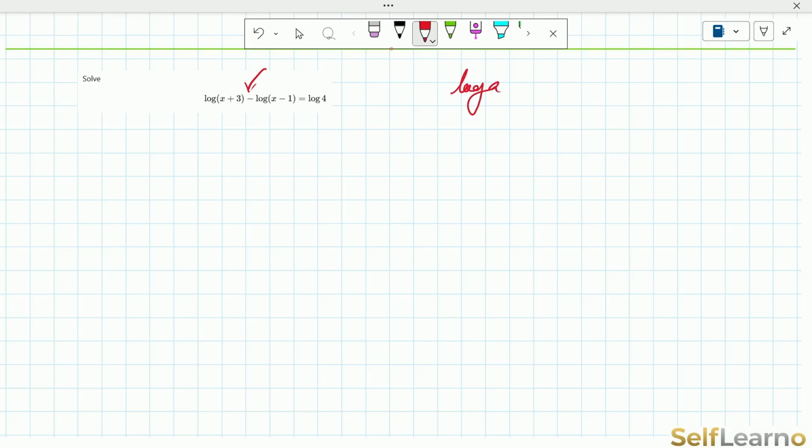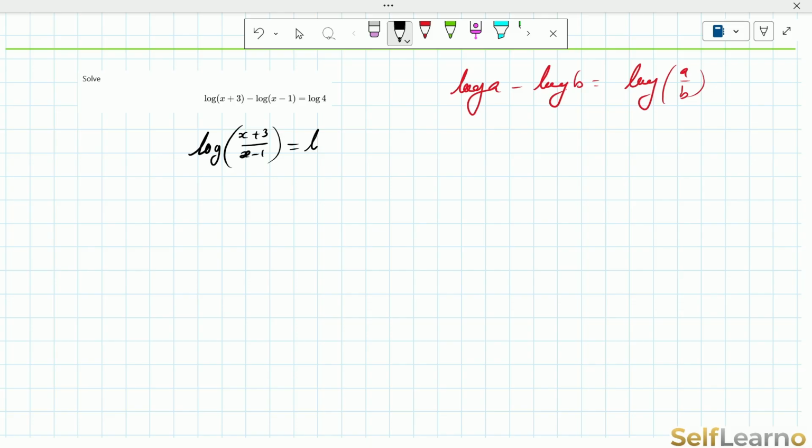So we have this: log A minus log B is equal to log A by B. So I get log of x plus 3 over x minus 1 is equal to log 4. By comparison, I get x plus 3 over x minus 1 is 4. So x plus 3 is 4x minus 4.